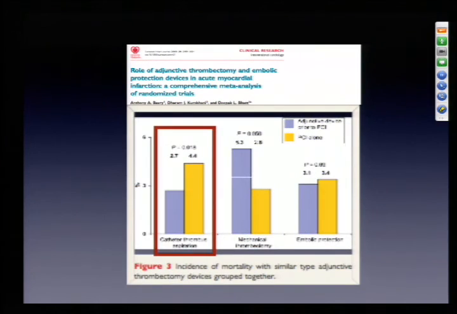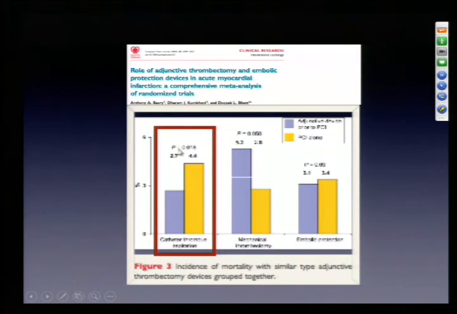The reason we do this is a meta-analysis that was recently published, showing a mortality benefit. It doesn't project that well, but I think the mortality when you do aspiration thrombectomy is about 2.7, and 4.4 if you just do balloon and stenting.